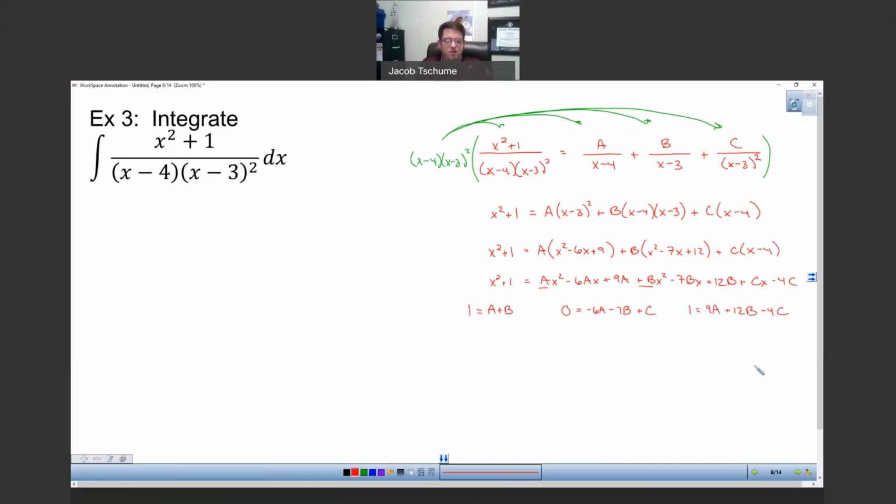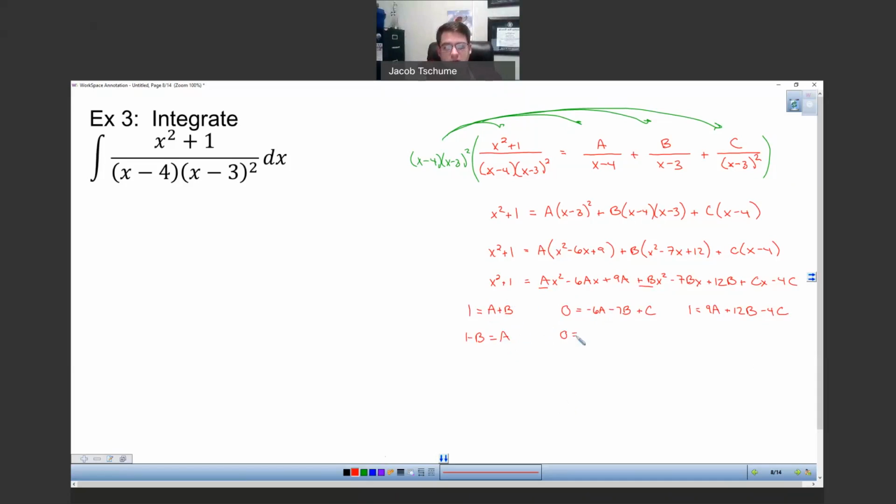And now we've got to figure out a way to solve all of these variables simultaneously, which is a little bit more difficult than the last couple, but I'll show you how to do it. I'm going to start with the easy equation, and I usually just pick a letter to solve for. It doesn't really matter. Let's get A by itself. If I move the B over, I could say that 1 minus B equals A. So in my second equation, why don't I let A be 1 minus B?